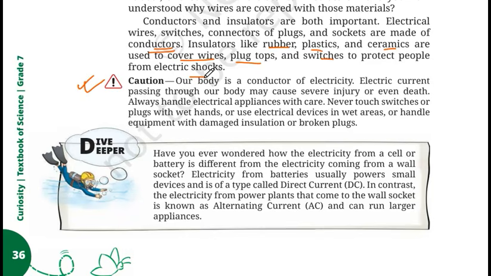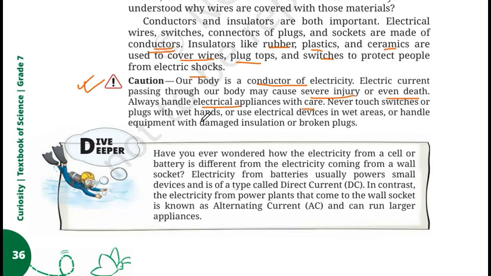Do you know why we will get an electric shock? Because our body is a conductor of electricity. So if you touch any conductor, you yourself are a conductor, so electricity or current will flow through your body. If current passes through our body, it may cause severe injury or even death. So always handle electrical appliances with care.